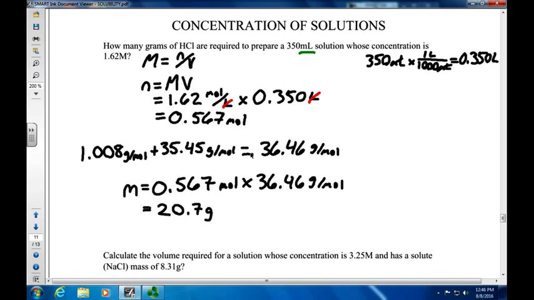And that is our mass that is needed in order to produce the molarity desired given the volume required.